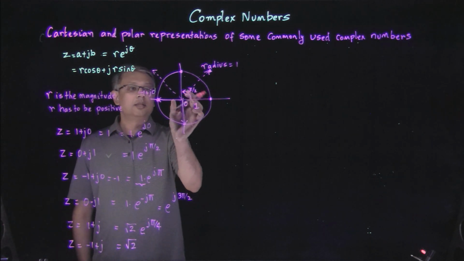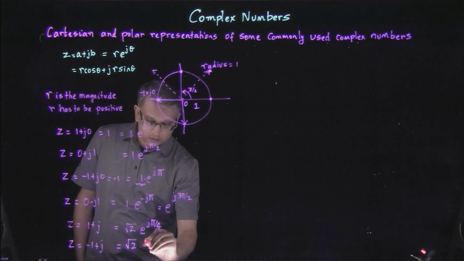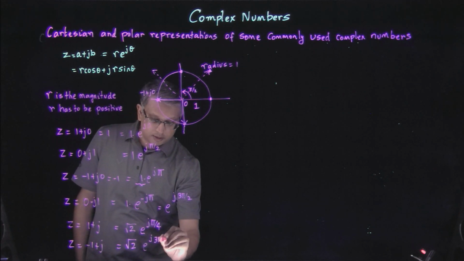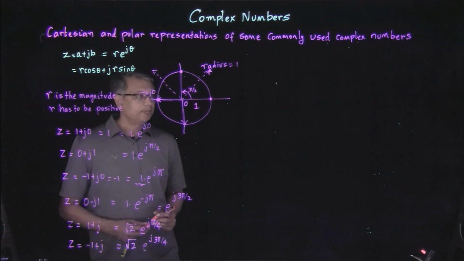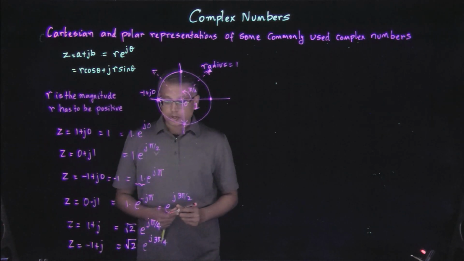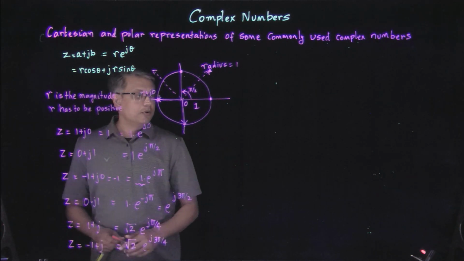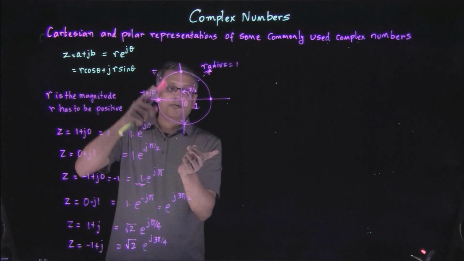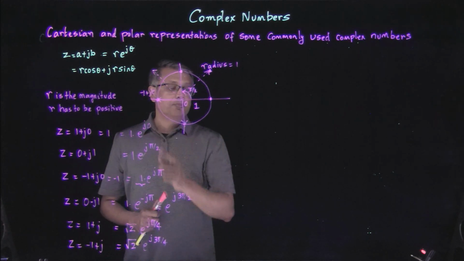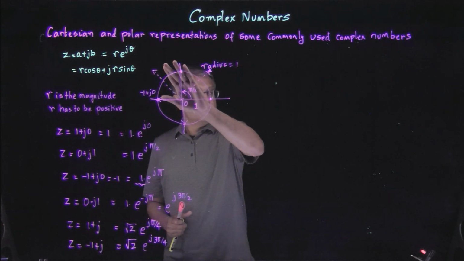And the angle that this vector makes is pi over 2 plus pi over 4, which is e to the j 3 pi over 4. Indeed, you can compute this angle by taking tan inverse of 1 over negative 1. And then, of course, resolve the ambiguity of theta versus pi plus theta, realizing that this complex number is a vector in the second quadrant.